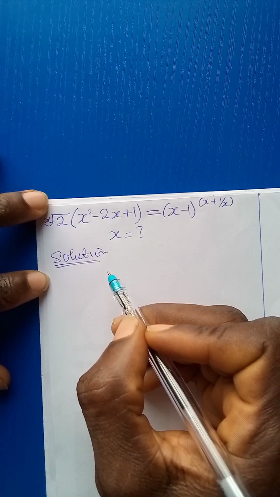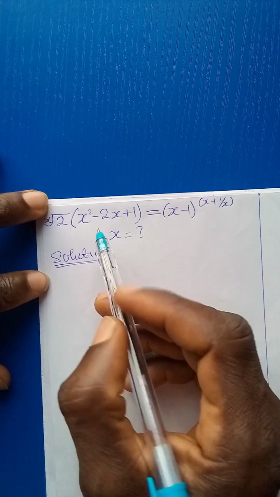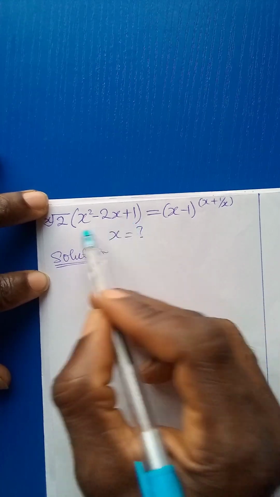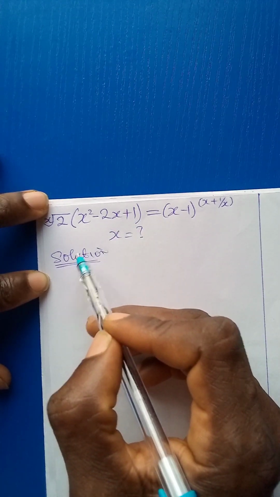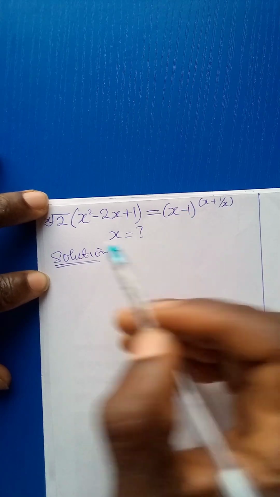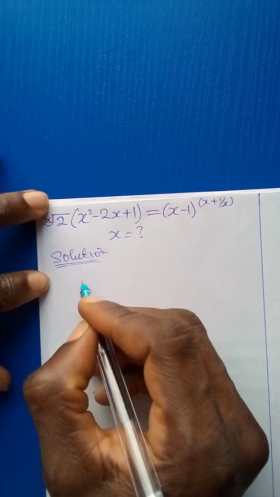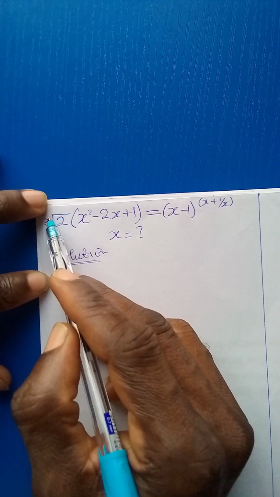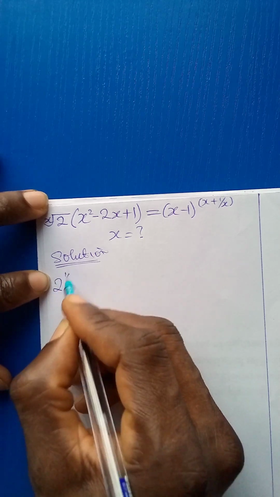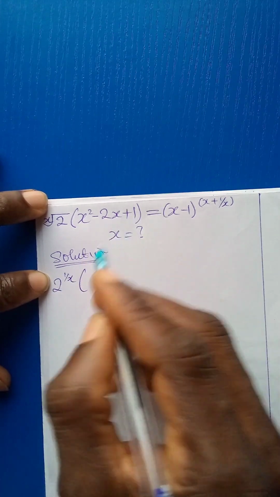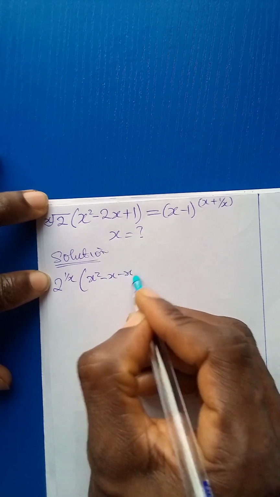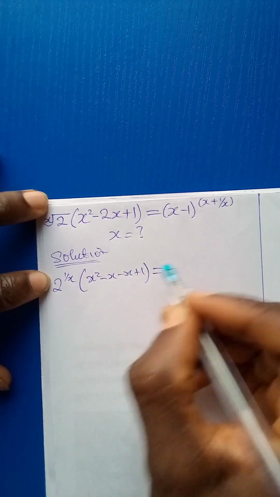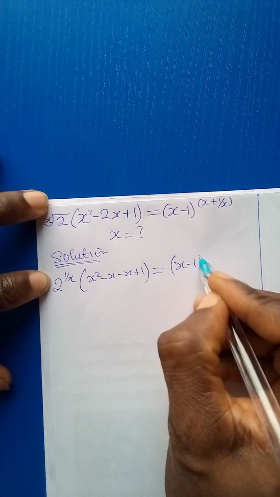Now, what are we going to do to solve this problem? If we check the expression in the first bracket, we will see that it is a quadratic function that can be factorized. So let's go ahead and factorize it. But before that, let us rewrite this one as 2 to the power 1 over x. Then let's factorize this: x squared minus x again plus 1 is equal to x minus 1.